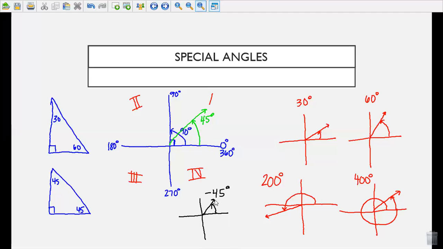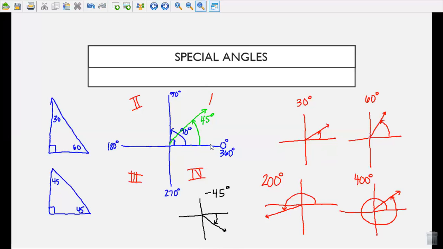So there's my positive 45 degrees, but my negative 45 degrees starts at 0, and instead of going positive, instead of going up, we go down. So negative 45 degrees is going to be right in the middle of quadrant 4, and I'm going to draw my arrow going down. So this is how we visualize angles on our XY coordinate plane, right?